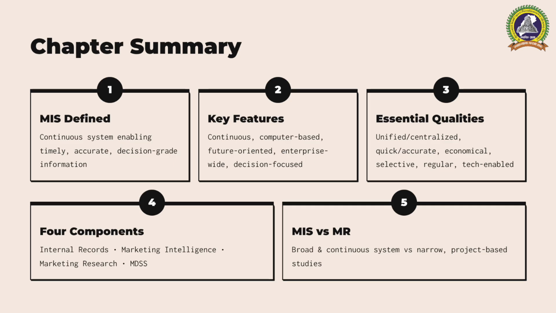We then discussed the essentials of a good MIS, highlighting that it must be unified, quick and accurate, economical and also selective. We then broke the system down into four core components, that is internal records, marketing intelligence, marketing research and marketing decision support system.